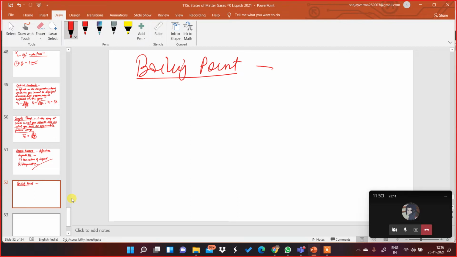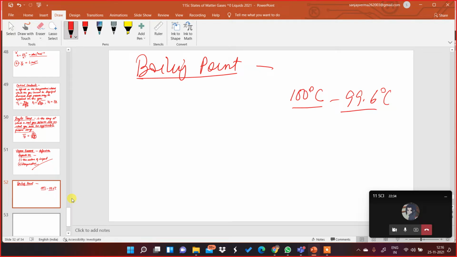At 1 atm pressure, the boiling temperature is called the normal boiling point. If pressure is 1 bar, the boiling point is called the standard boiling point. The normal boiling point of water is 100 degrees Celsius at sea level, and its standard boiling point is 99.6 degrees Celsius.